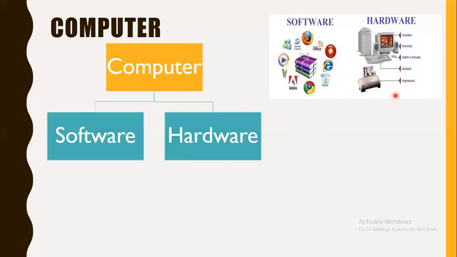Like in this picture, you can also see the printer, the speakers, mouse and keyboard. These are the hardware components. And the software. Software are the different programs that are installed on the computer and that we use for different purposes and for different tasks.